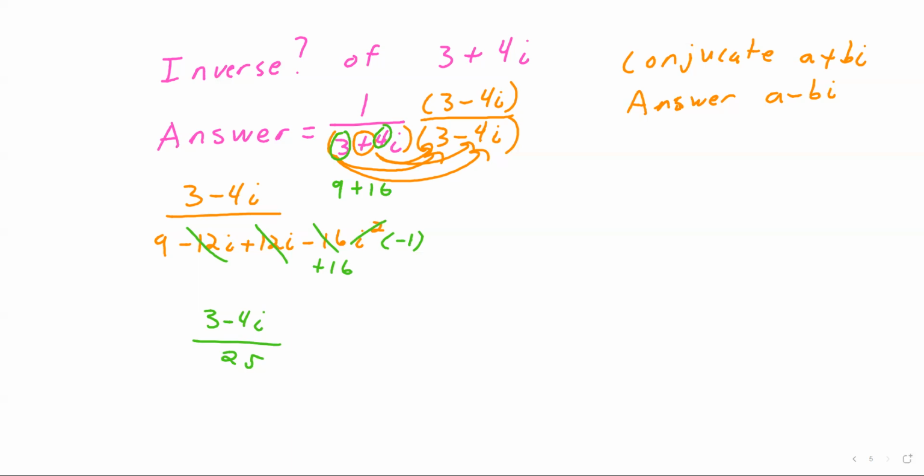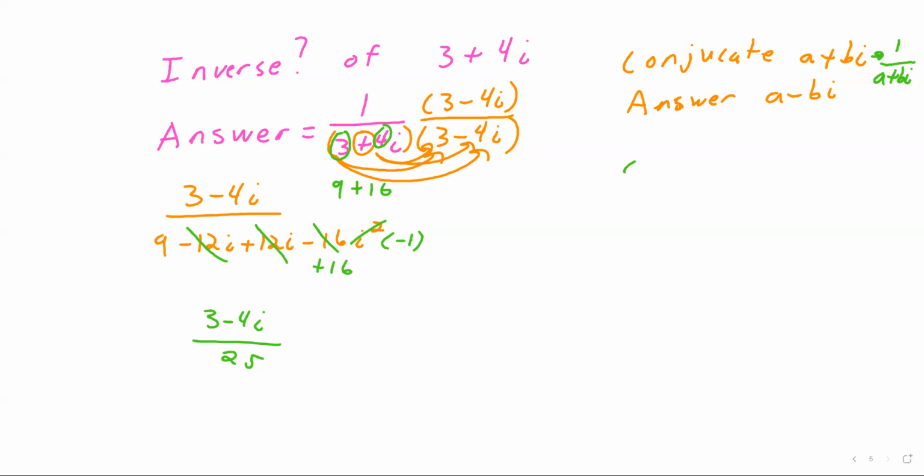But the idea is anytime you multiply by the conjugate, the bottom number will just be the a squared plus the b squared. So we can actually develop a formula. If I want to know the inverse of a plus bi, we know this is just going to be 1 over a plus bi. And then instead of doing all that work, I now can have an equation.